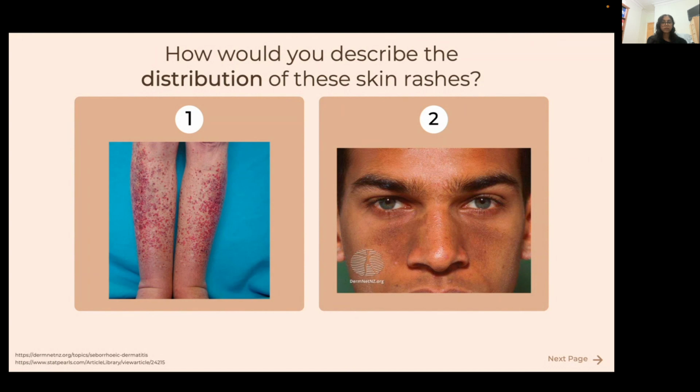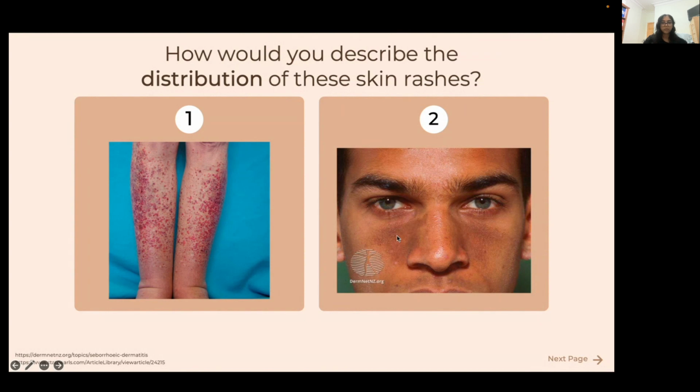Okay, so for one, we have symmetrical, bilateral lesions localized to the lower arm. I think it's actually lower legs. Yeah, that's fine. And someone has also said photodistribution. Okay, and number 2, we have malar rash.